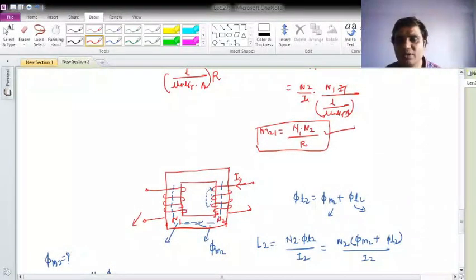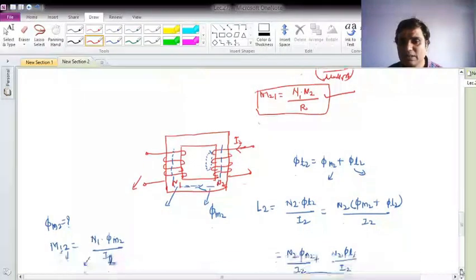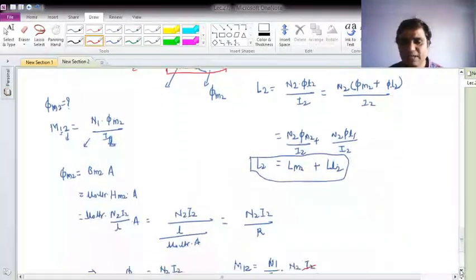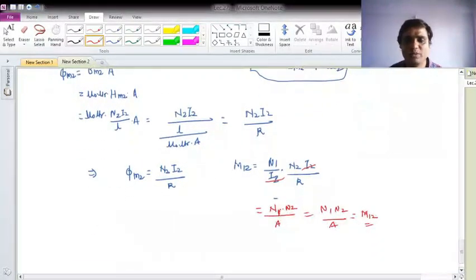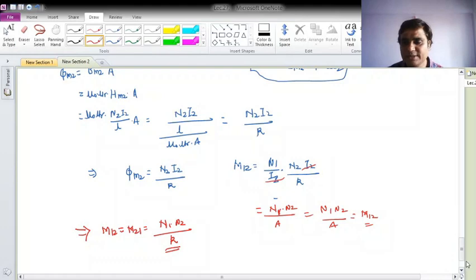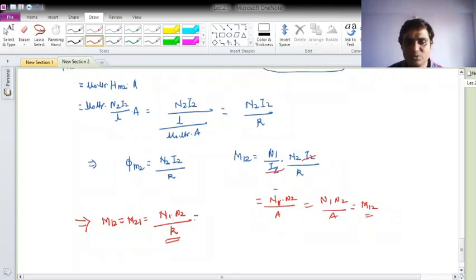M21 is also N1 N2 upon R, and M12 is also N1 N2 upon R. So with this, what I can conclude from it is that M12, which was equal to M21, is the product of the turns of the coils N1 N2 upon reluctance, okay, and which is equal to the mutual inductance M, right?